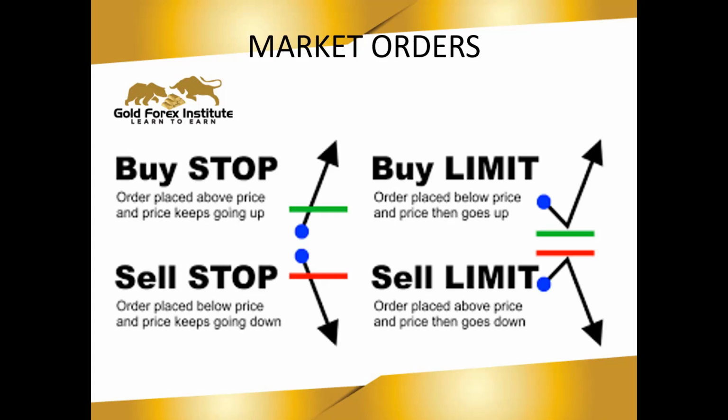So that is a sell stop. Order placed below price and price keeps going down. So sell stop is just the same, the opposite of the buy stop. You know that the price is going down and you want to sell. So you set it, and when it gets to that place, then you enter the market.